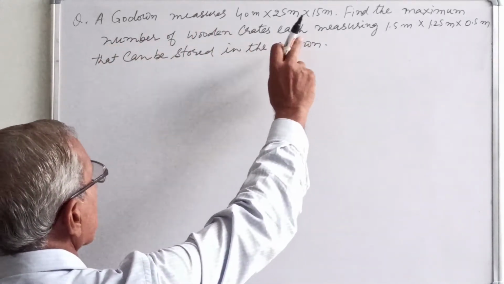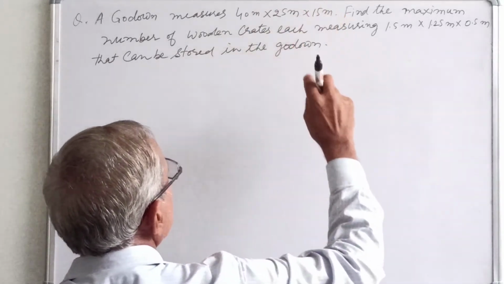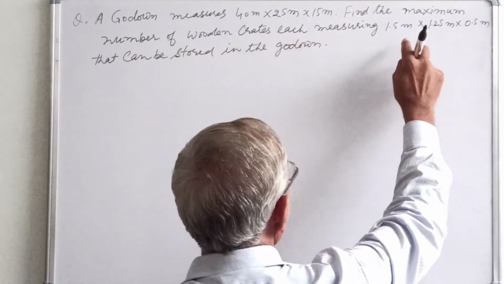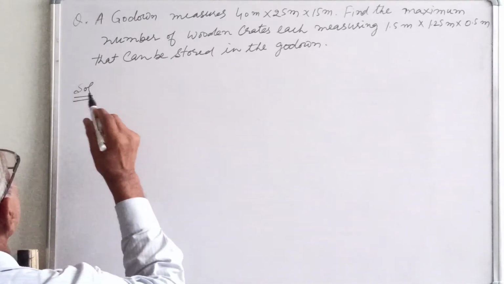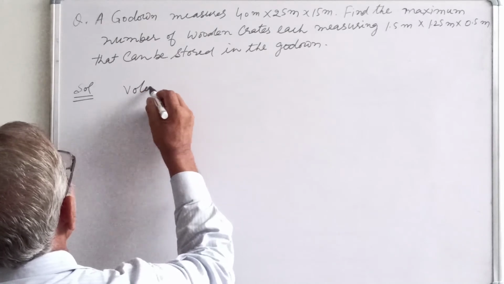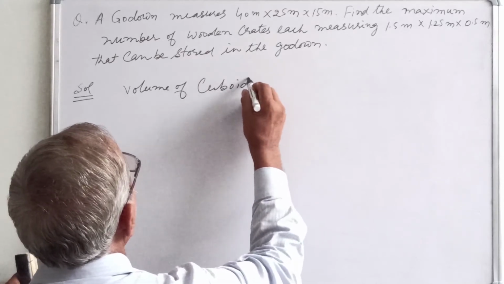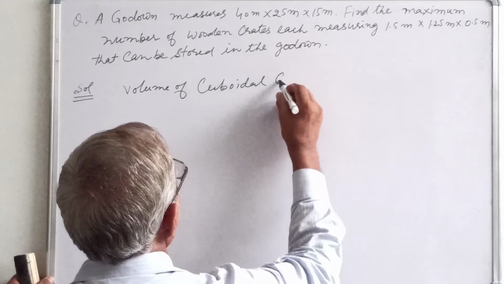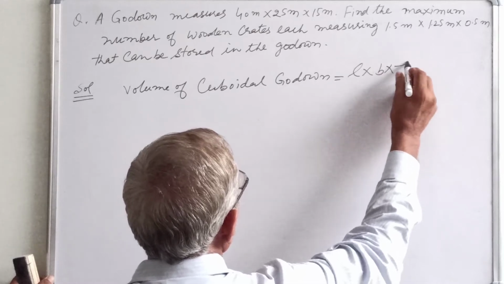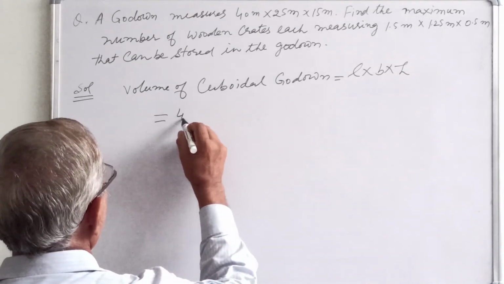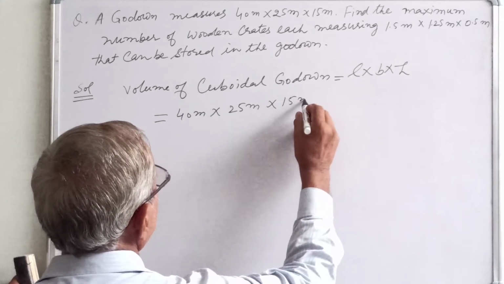And the godown is in the shape of a cuboid. This is the length, breadth and height. Same for the wooden crates also, length, breadth and height. Volume of cuboidal godown is equal to L into B into H. 40 meter multiplied 25 meter and multiplied by 15 meters.